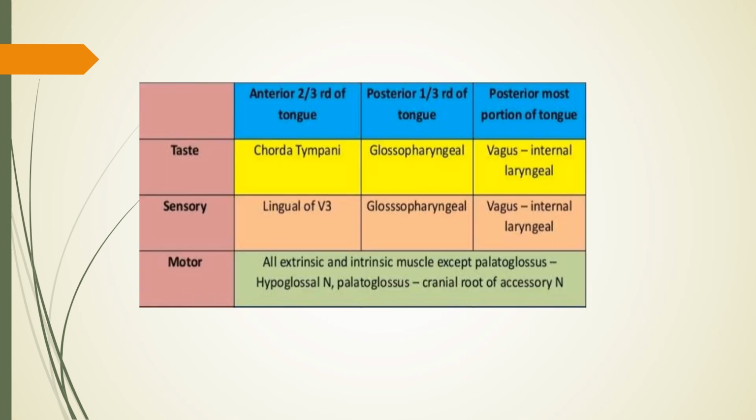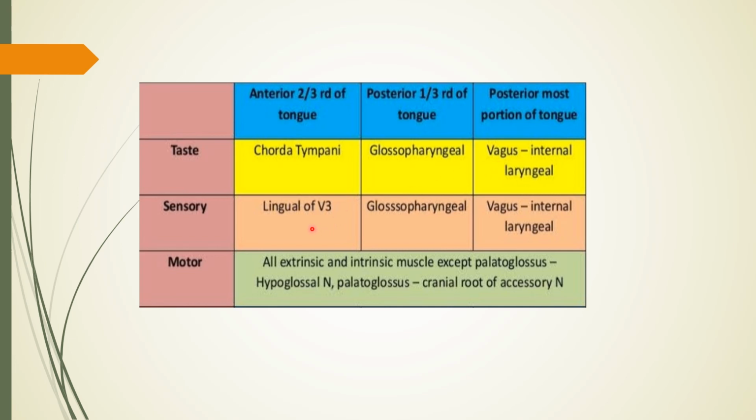In this table we can see the taste from anterior 2/3 of tongue by chorda tympani, branch of facial nerve, posterior 1/3 of the tongue by glossopharyngeal nerve, and posterior most part by the vagus nerve.